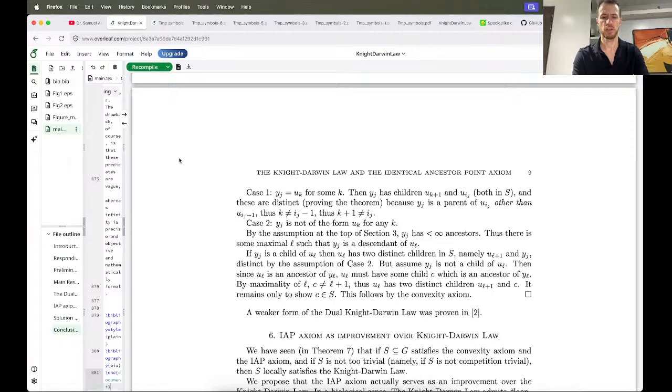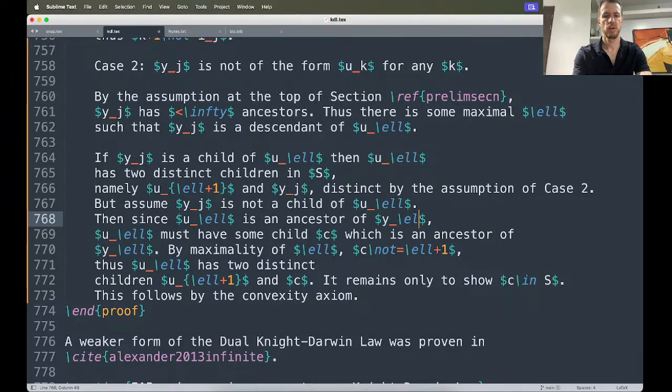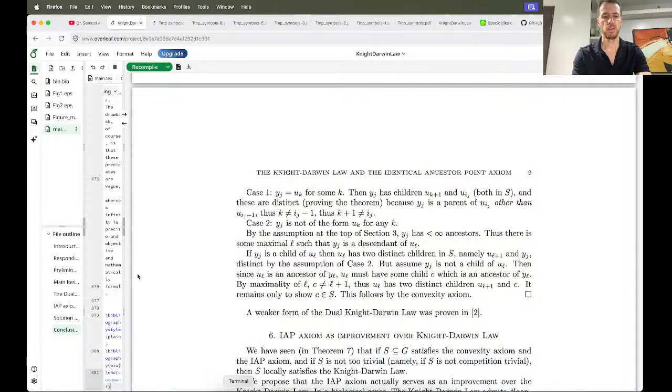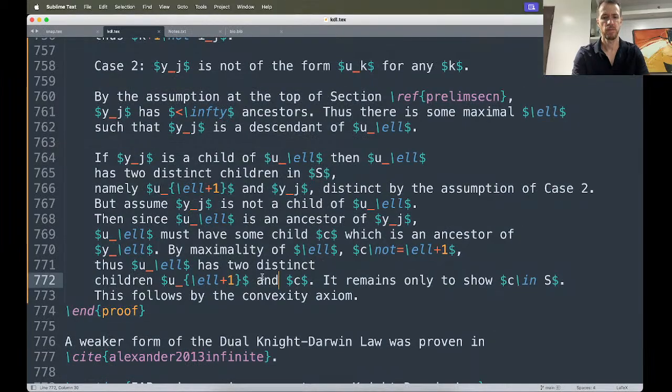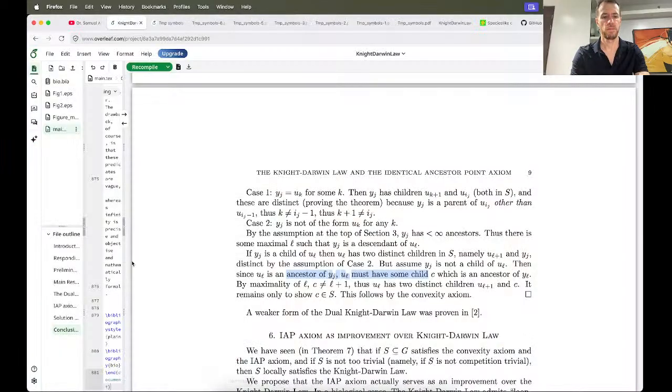Then since Ul is an ancestor of Yj, Ul must have some child c which is an ancestor of Yj.